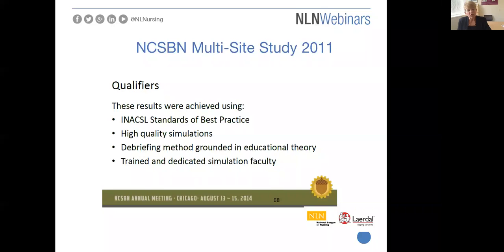The students were assessed on clinical competency and nursing knowledge. The findings showed that there were no statistically significant differences in clinical competency, in nursing knowledge, their content knowledge, or NCLEX pass rates.